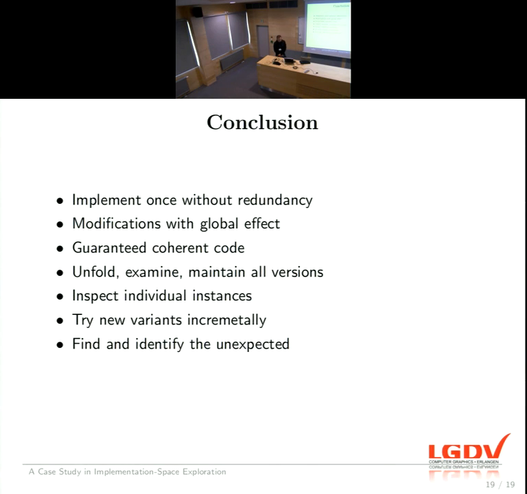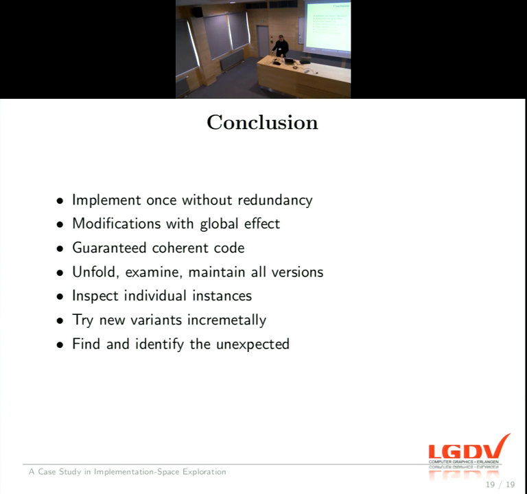So, we're reaching the end. We managed one implementation without redundancy, with one single point where we implemented the complete system. Then all modifications have a global effect because we only have one single point of implementation. That also means that we can guarantee coherent code.